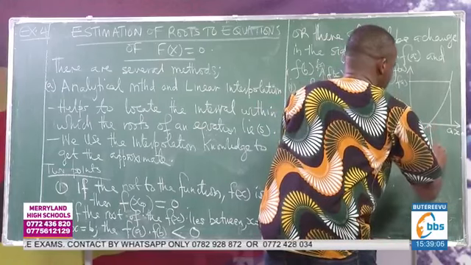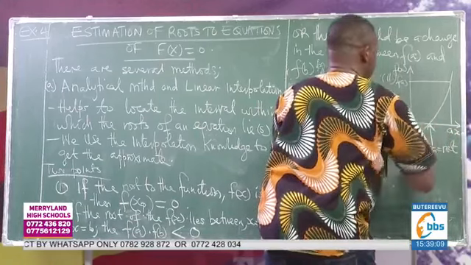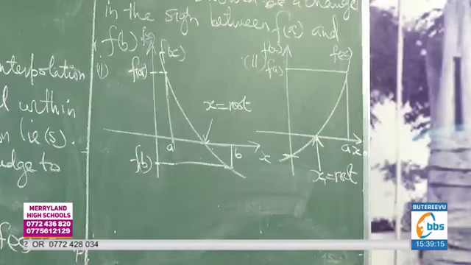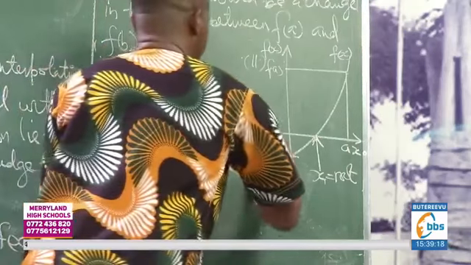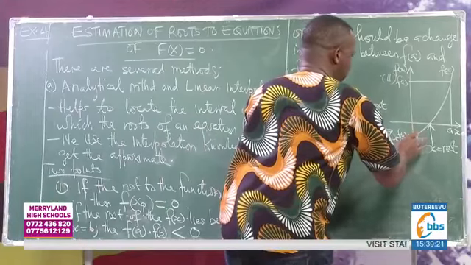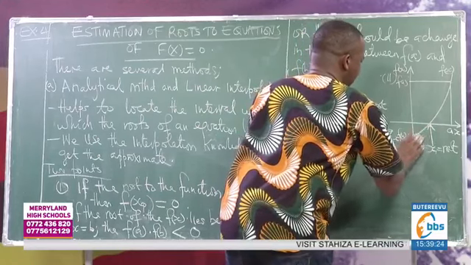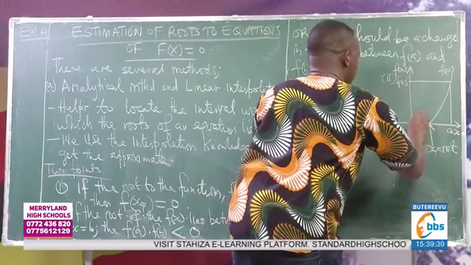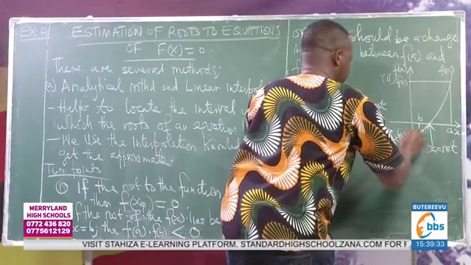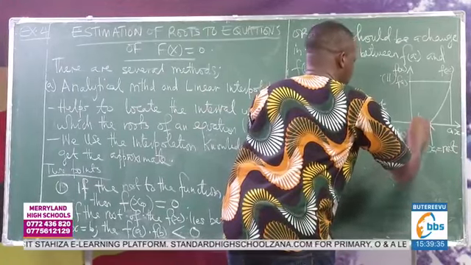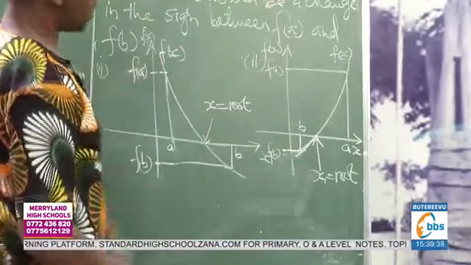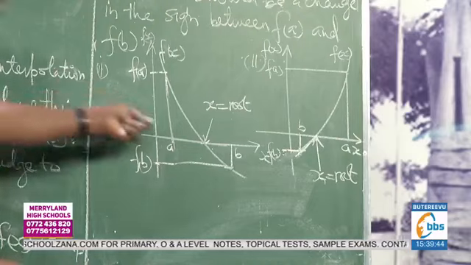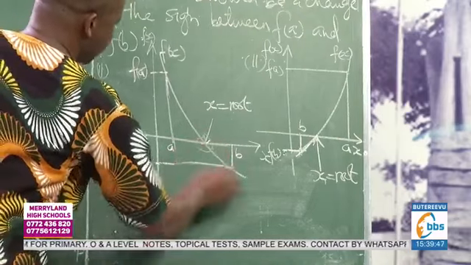So the root will also be at the point where this curve meets that axis, and the f of b here, which corresponds with b, is still negative. This one is negative and this is positive. So the values where it crosses the x-axis would give the root here and the root here.